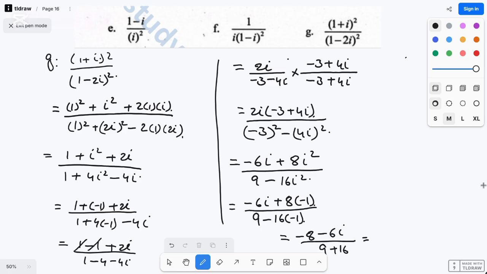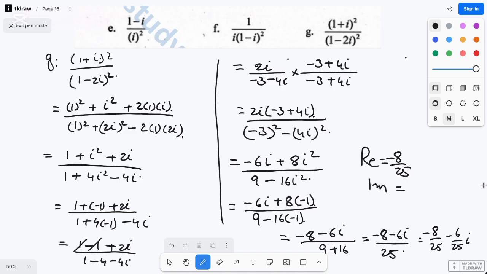This is equal to minus 8 minus 6 iota divided by 25. And this is equal to minus 8 by 25 minus 6 by 25 iota. Hence the real part is minus 8 by 25 and the imaginary part is minus 6 by 25.